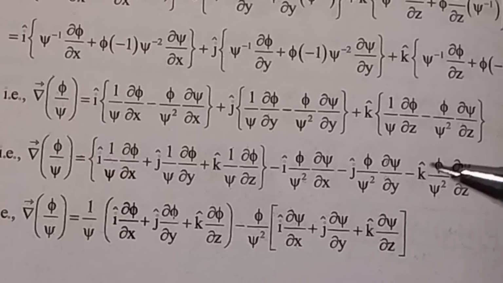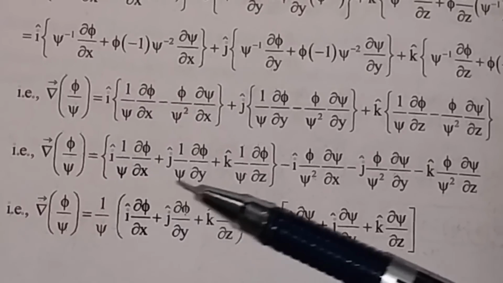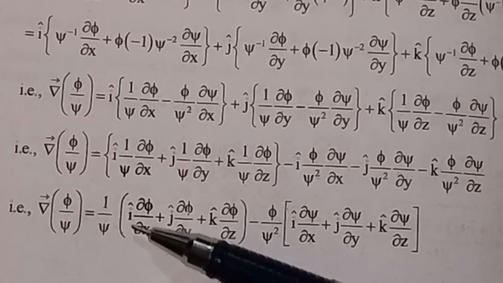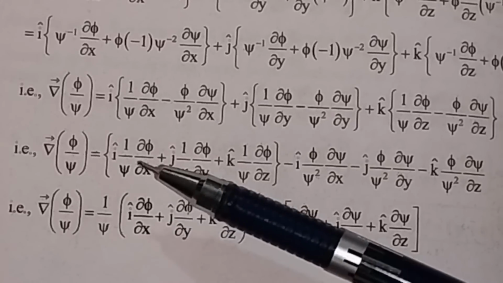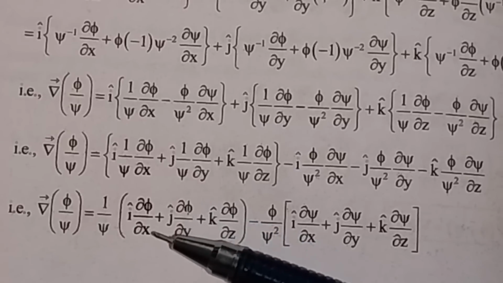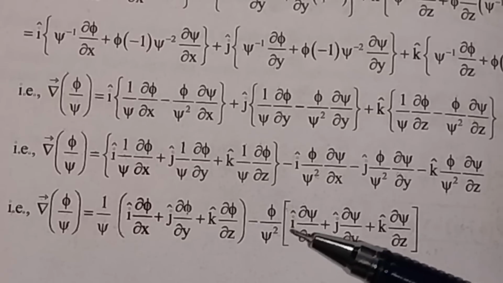So you take the phi terms this side and the psi terms this side. Now you rearrange the terms. You take 1 by psi common. If you take 1 by psi common, this will be i cap del phi by del x plus j cap del phi by del y plus k cap del phi by del z.